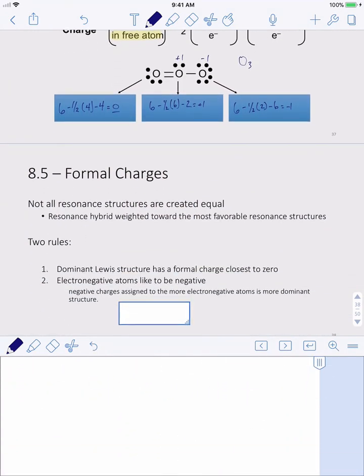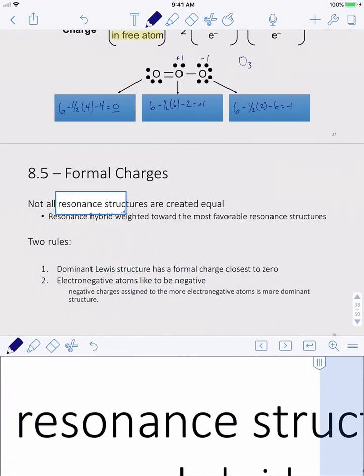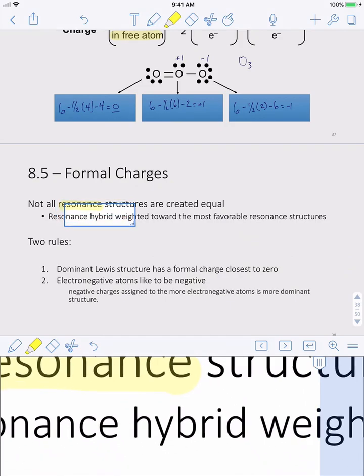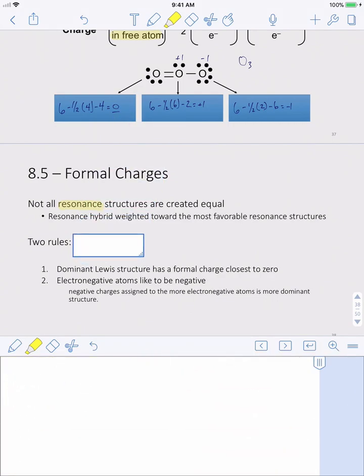what are the rules? Not all structures are created equal. And resonance structures, this word just means when we can distribute the double bond in a couple of places, the resonance hybrid is going to be weighted towards the one with the most favorable resonance structures.